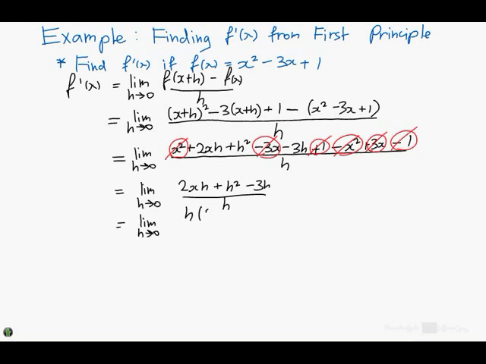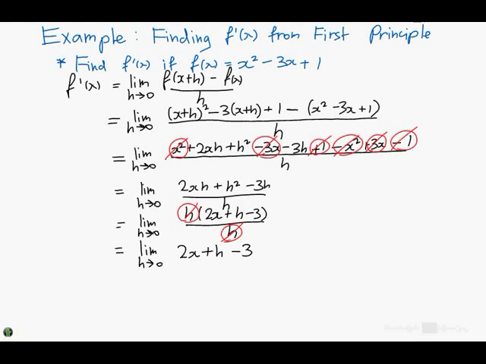So you get h times (2x plus h minus 3) all over h. And simply enough, the h's will cancel like so. And so you're left with the limit as h approaches 0 of 2x plus h minus 3.